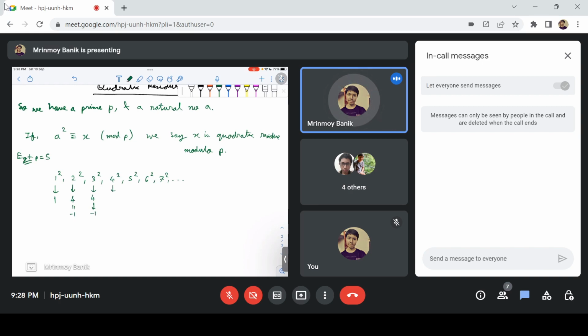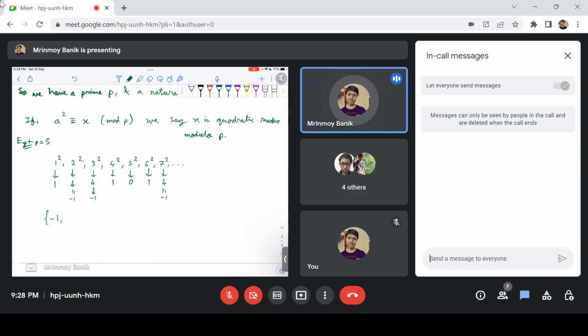Then 4 squared is 16, which is 1. 5 squared is 0, of course. 6 squared is 36, which is again 1. And 7 squared is 49, which is again 4 or minus 1. So you see, it's mostly 4, 1. I mean, we can write 1 and 4, right?